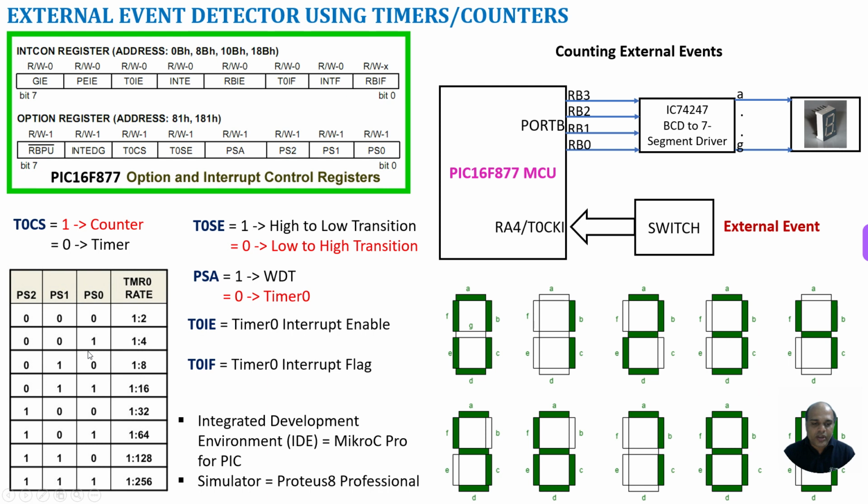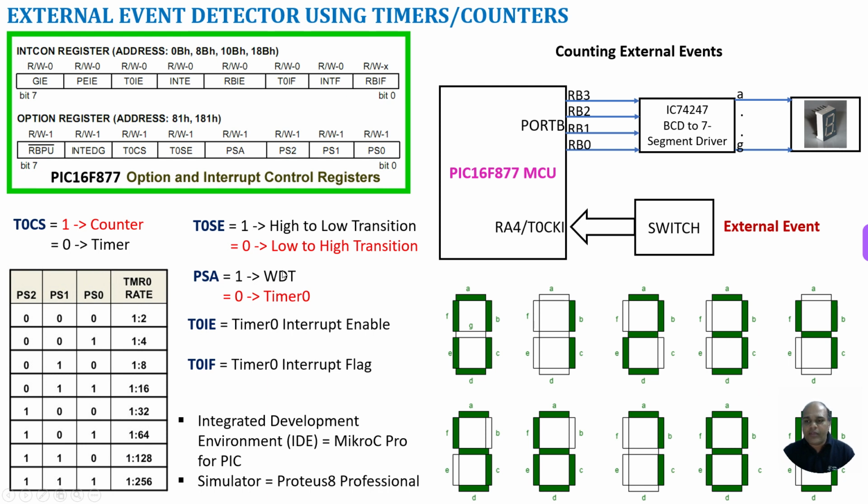If it is 001, it is 1:4. If I put 111, it is 1:256. So 1:256 in the sense that for every 256th event occurrence on this T0CKI pin, an incrementation will happen. So this can be configured as well.